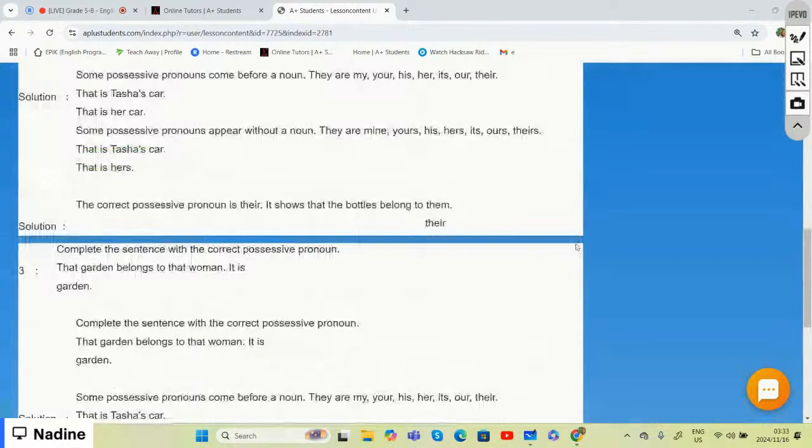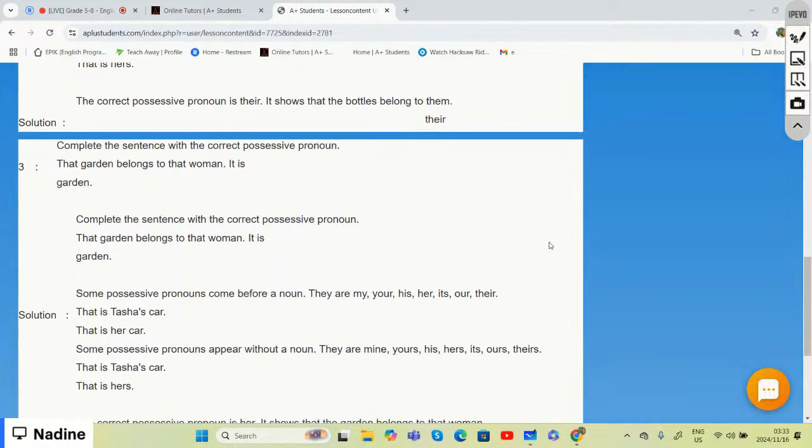It says, the garden belongs to that woman.